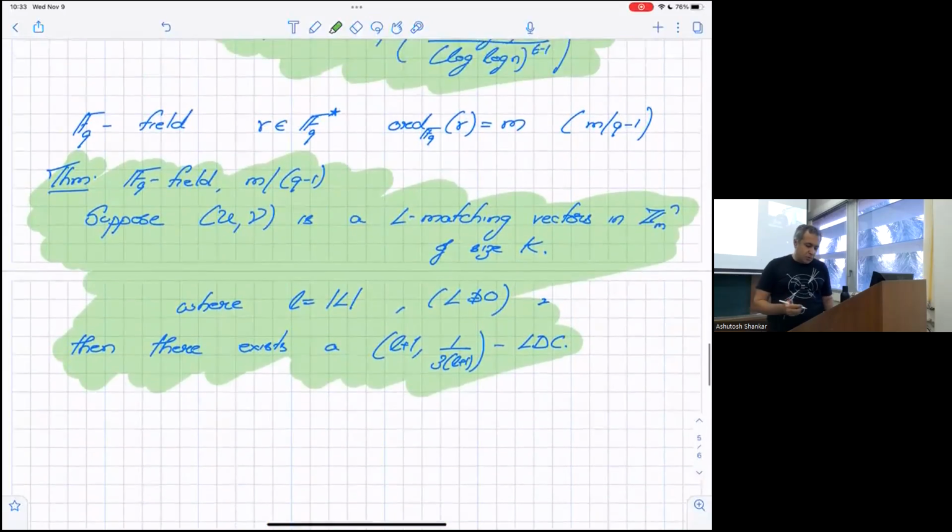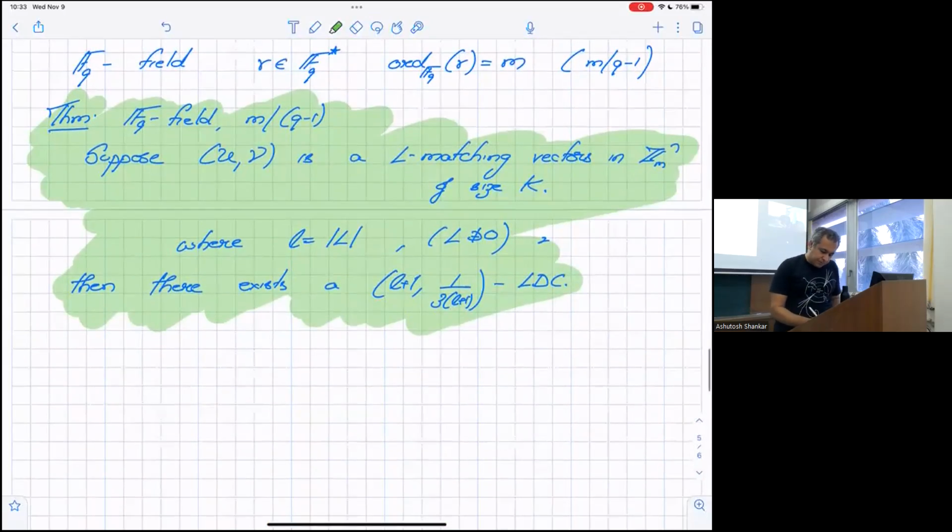Furthermore, this code will be a code based on the matching vectors, C_UV. It will require only V. It will be from F_q to the K to F_q to the N, where N is q minus 1 to the power n.